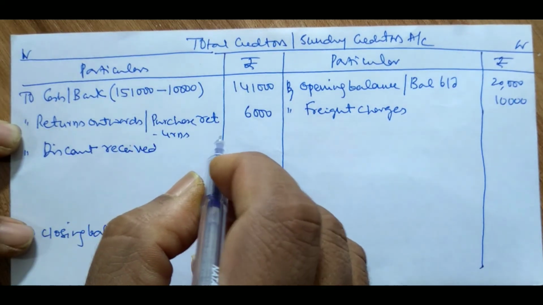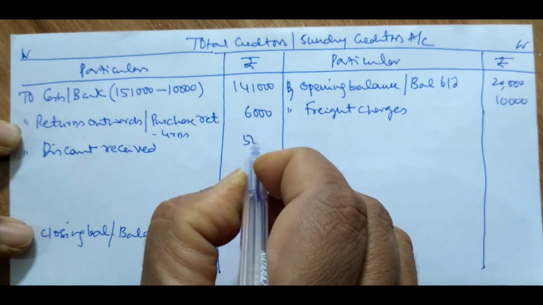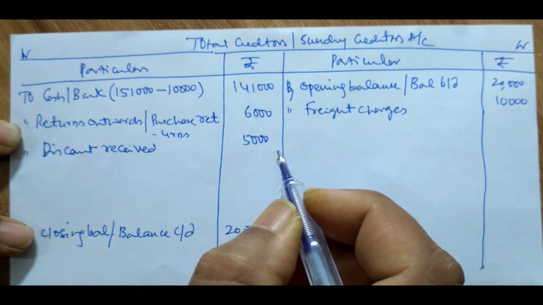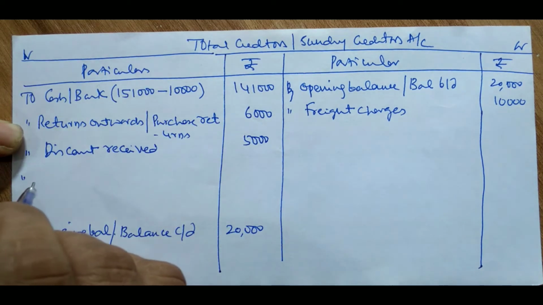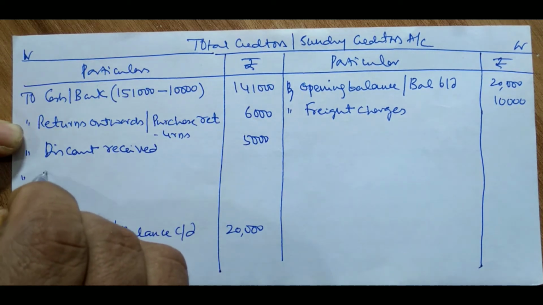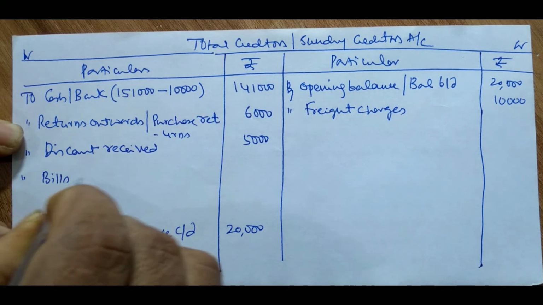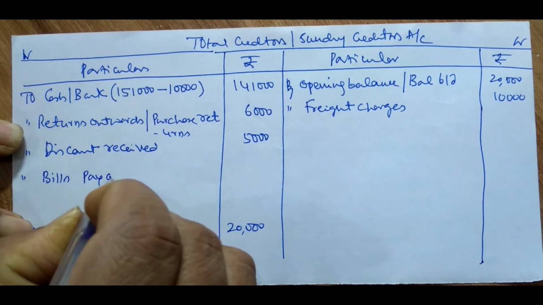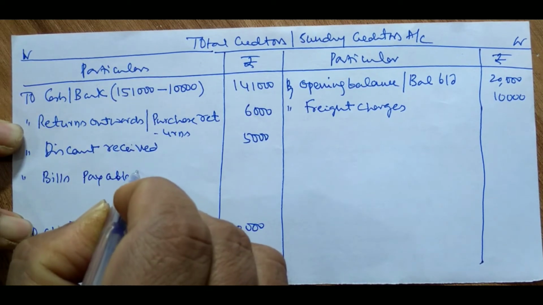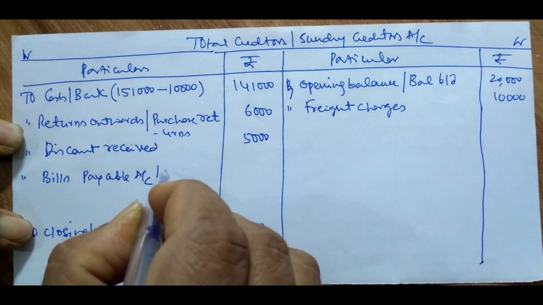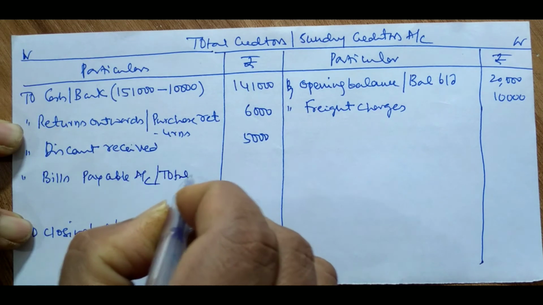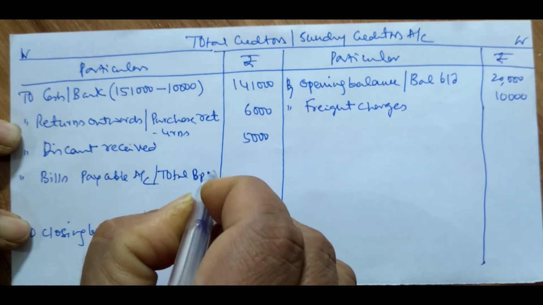It must be debited to creditors account. And this year, whatever the bills payable issued this year, we can write as a total BP account also.